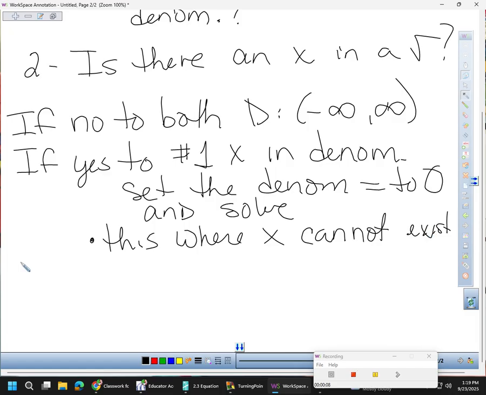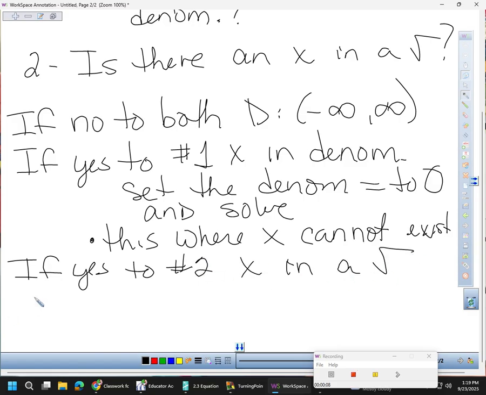And last, if it is yes to number 2, x in a square root, set the inside greater than or equal to 0 and solve.